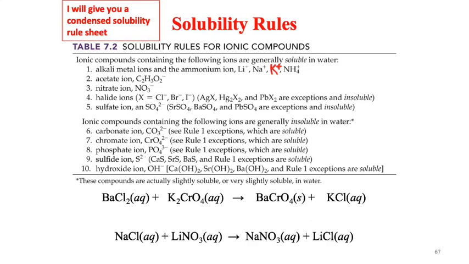Alkali metals. Are you responsible for knowing the alkali metals are the group 1 metals of which potassium is a member? Yeah. So it doesn't have to be written. But the rule says, Rule 1, alkali metals and ammonium ion. That's just a name. That's not a rule. What's the rule? It's the rule right above it, right? That first line. Compounds that contain those are soluble.